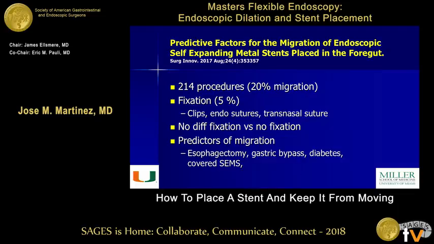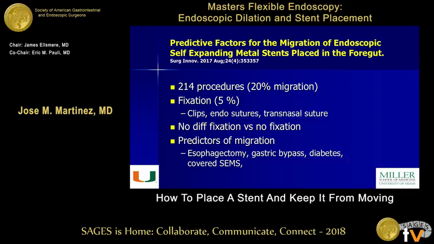This is a study that came out from the Cleveland group, Dr. Marks, with 200-plus cases, predictive as to what's going to happen with these stents. The majority of these were non-fixation, and in their overall population, they saw a 20% migration rate. In the small population where they fixated the stent, they used a combination of clips, sutures, or transnasal sutures.